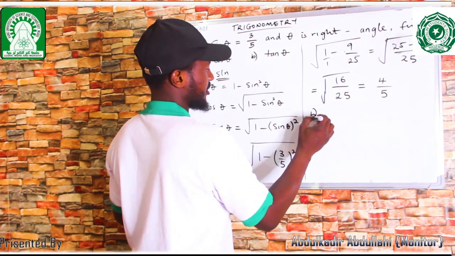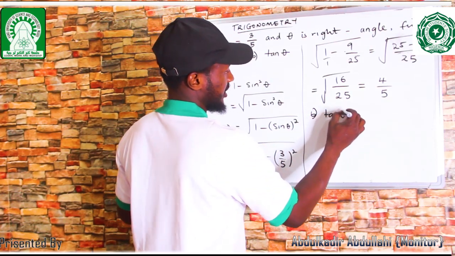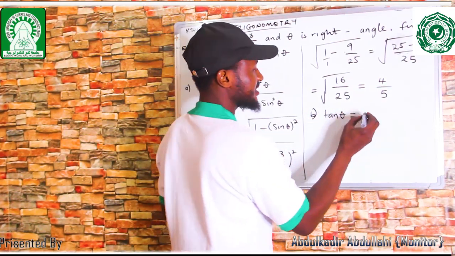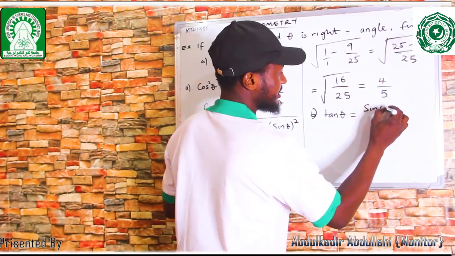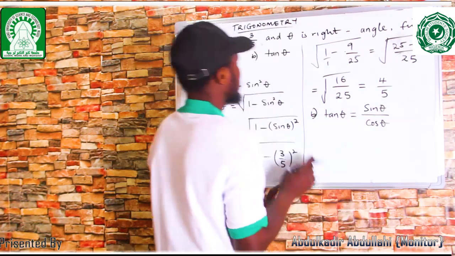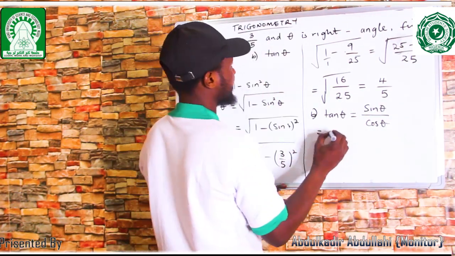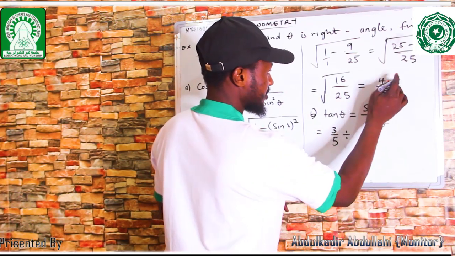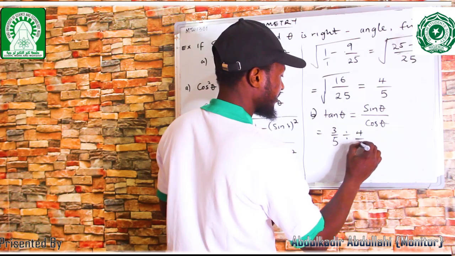Then the second question, which says tan theta. If you recall from the given identities, tan theta can be expressed as sine theta divided by cos theta. Our sine theta is 3 divided by 5, all divided by cos theta, which is 4/5.